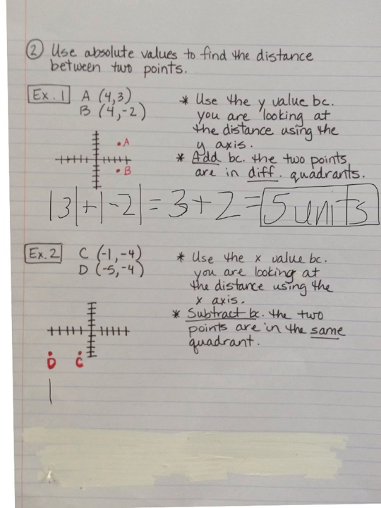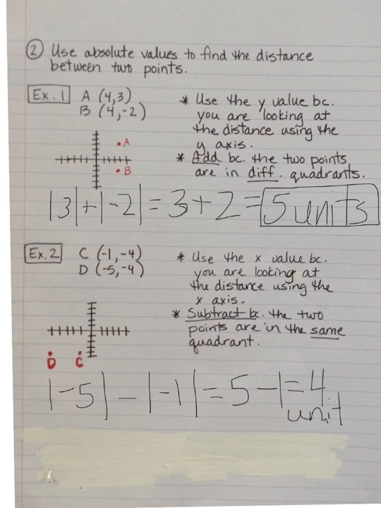I'll say the absolute value of negative 5, the x value for D, minus the absolute value of negative 1, the x value for C. That gives me 5 minus 1 equals 4 units. That's the answer to example 2.